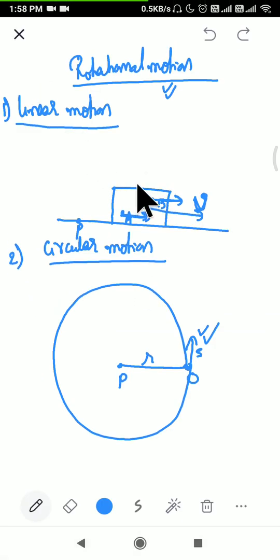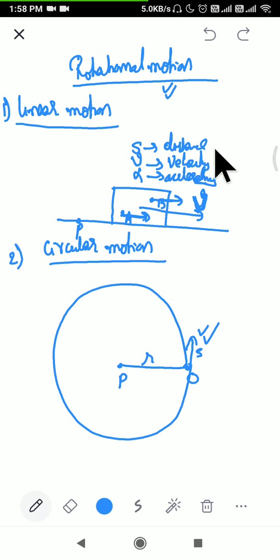In kinematics, we consider the distance traveled by the object, distance, and we consider the velocity, and we consider the acceleration.